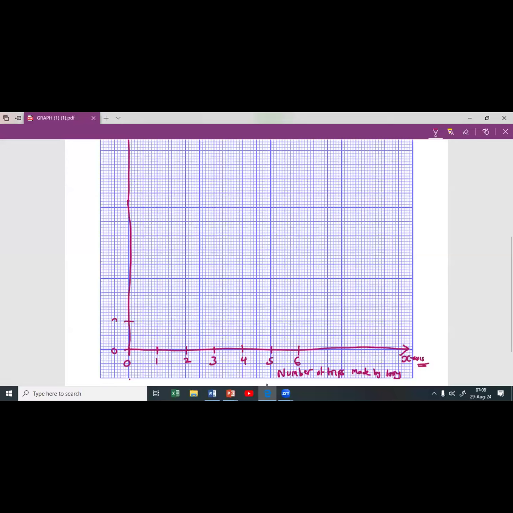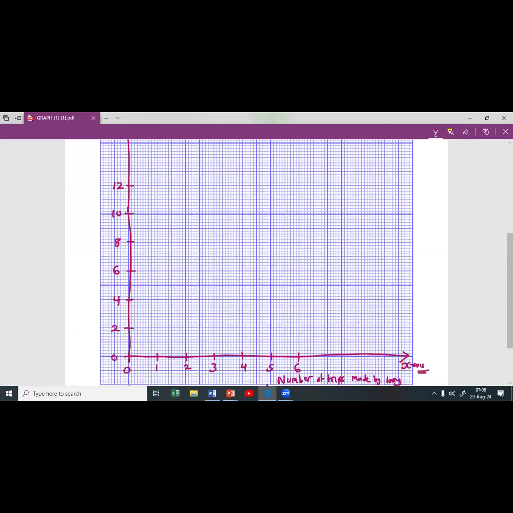In case I want, I can say 2, 4, 6, this is 8, 10, and then this is 12. In case you don't want to use that, I told you can use 2 different scales. Then you can start 1, 2, 3, 4, 5, 6, 7, 8, 9, 10, 11, 12. That one is also very, very fine.